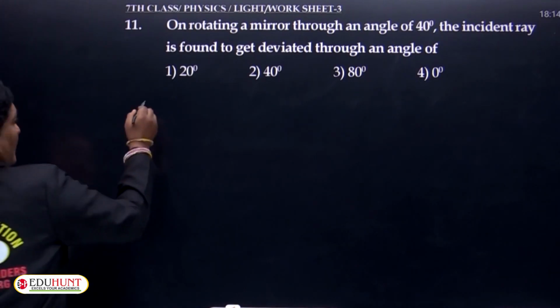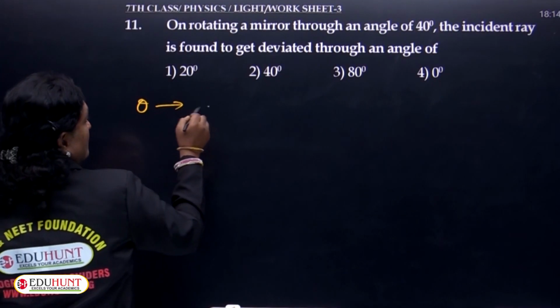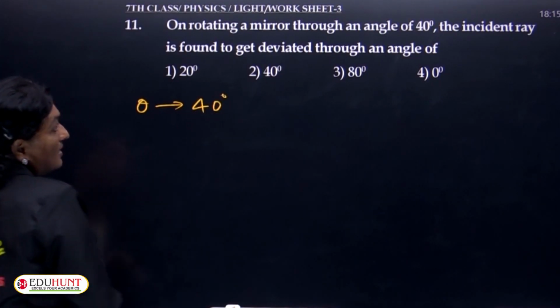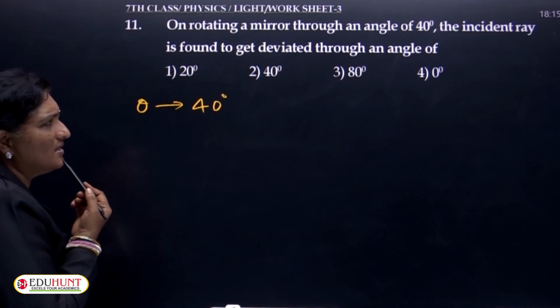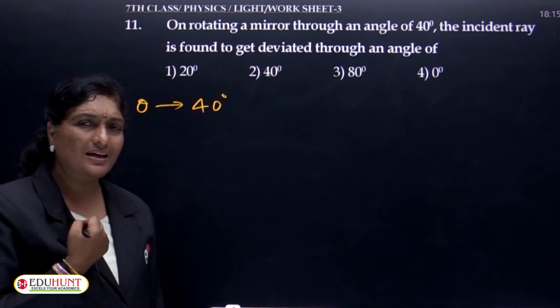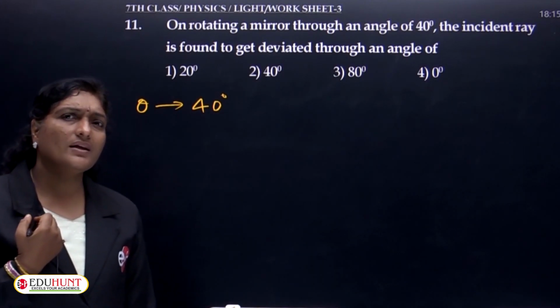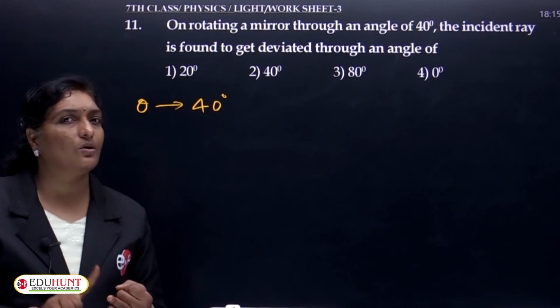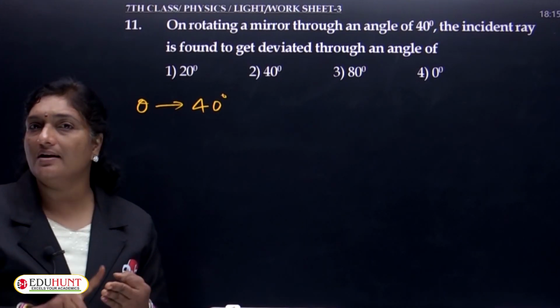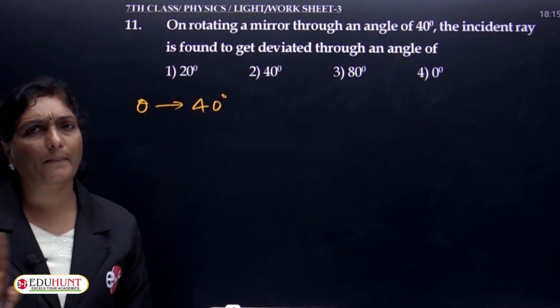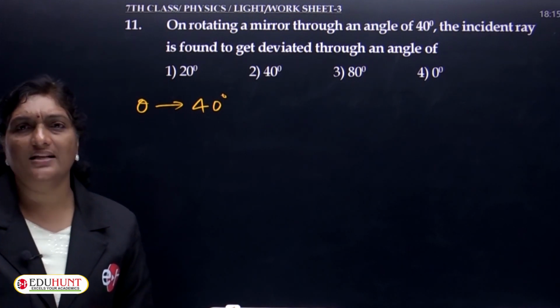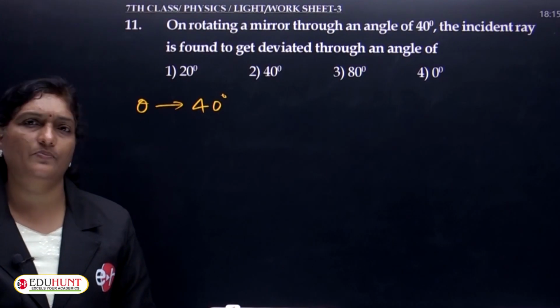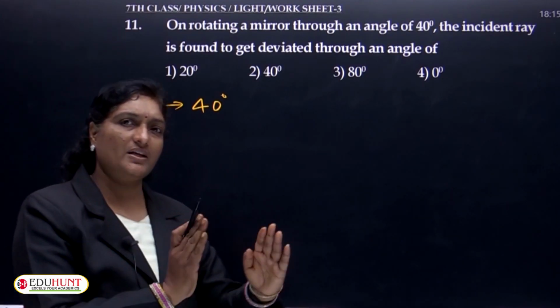So the rotation of the mirror is given as 40 degrees. The incident ray is found to get deviated. Any confusion? Incident ray. Of course, when the mirror is rotated by theta, the normal rotates by theta, whereas the reflected ray rotates by 2 theta. But there is no change in the incident ray observed. The incident ray is always fixed.